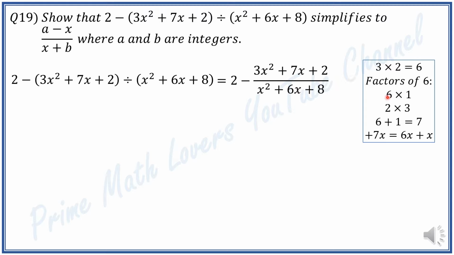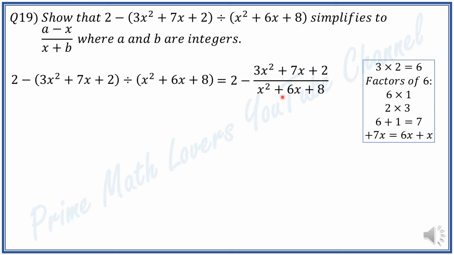The factors are 6 times 1 and 2 times 3. Between these factors, we need to find two numbers that when we add them together, we get the coefficient of x, which is positive 7. 6 and 1, when we add them, 6 plus 1 will be 7. So we can write positive 7x as 6x plus x.